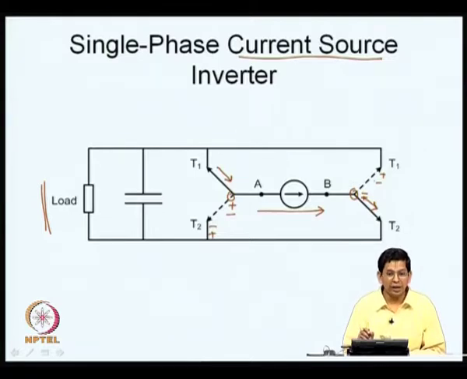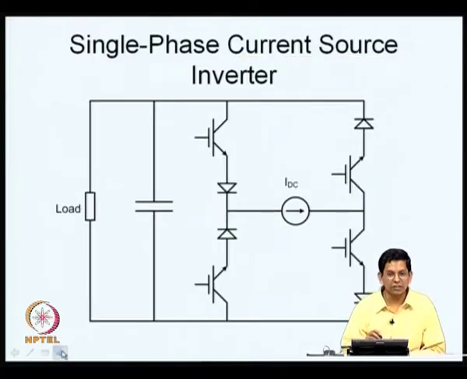So, now what you need between A and T1, for example, or A and T2, is a switch which conducts in only one direction, but which can block voltages of either polarity. Hence, this is the realization.